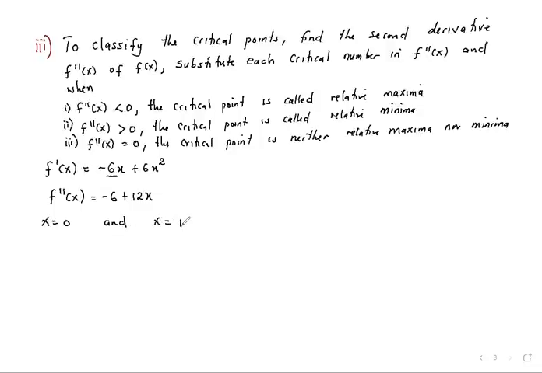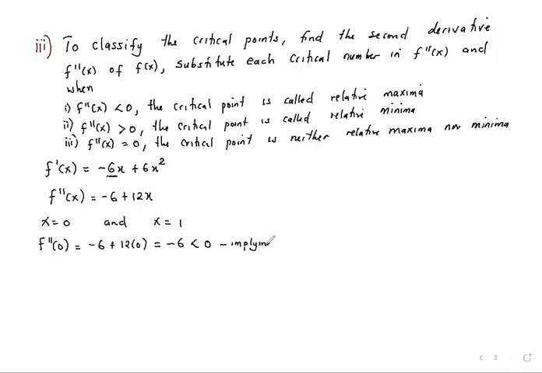So we substitute. f prime prime of 0 is going to be negative 6 plus 12 multiplied by 0, giving us negative 6. This is less than 0. What does it mean?